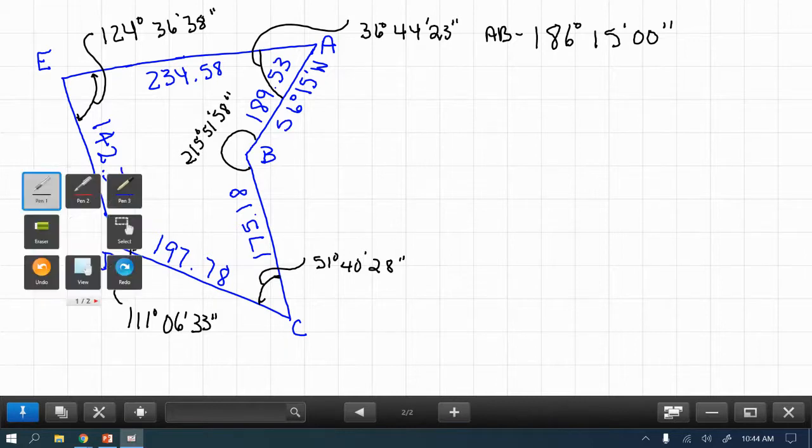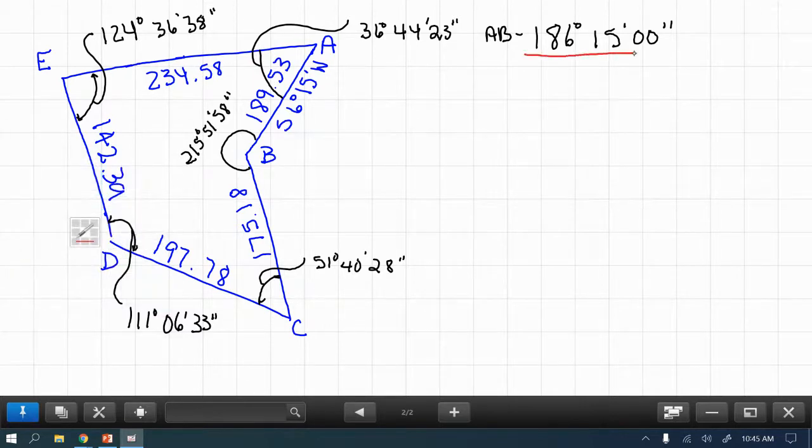So A to B is 186.15, because we just added this 6 degrees, 15 minutes. I wrote that 56 or something by mistake.